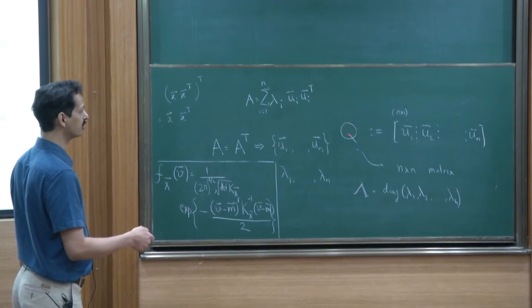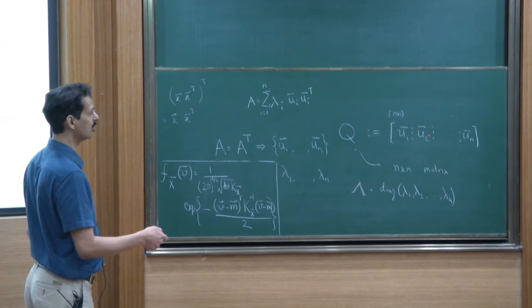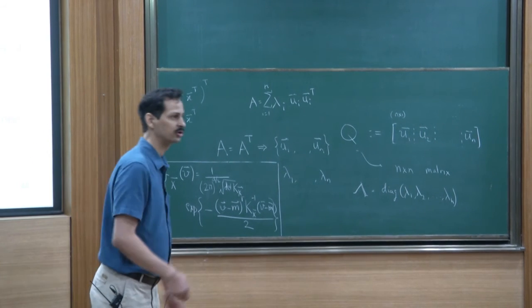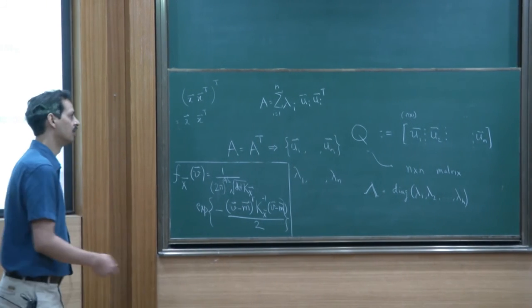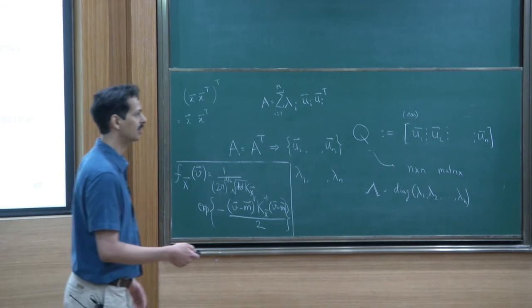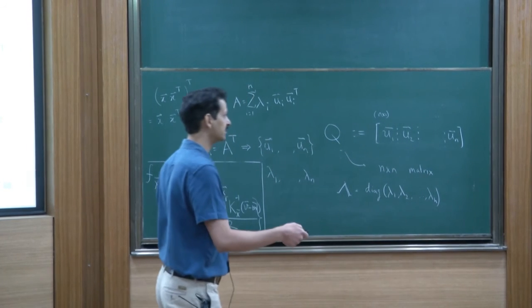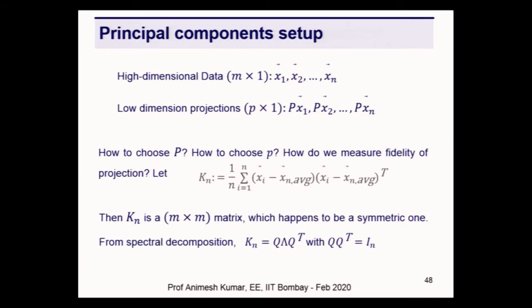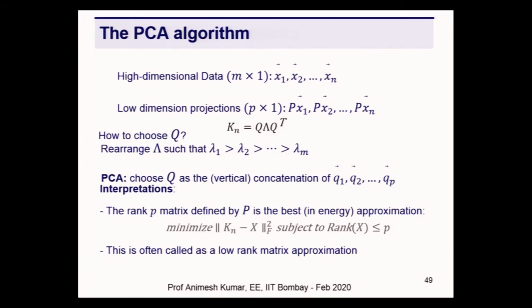All right, and so Q will be u1 augmented with u2 all the way up to um. So those are the augmented eigenvectors, and then I can represent this Kn as Q times lambda times Q transpose. Q transpose Q is identity, which means the columns of Q are orthonormal, which also means rows of Q are orthonormal, and so on. All right.